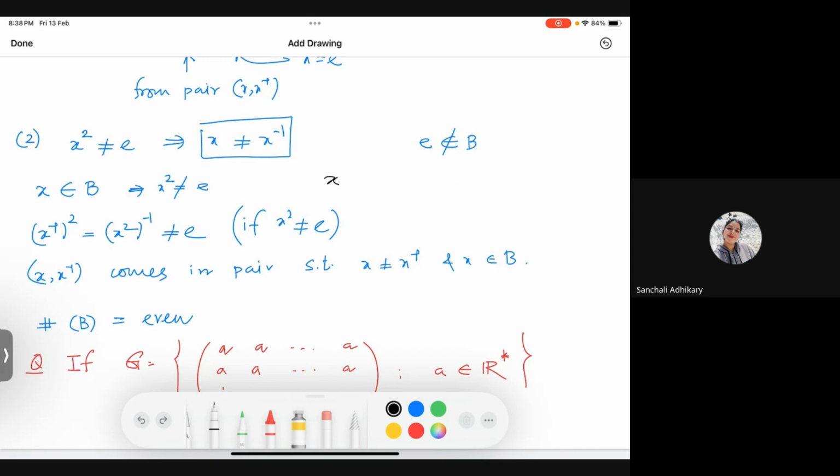The pair contains two distinct elements, because x is not equal to x inverse. So the cardinality of B is even.